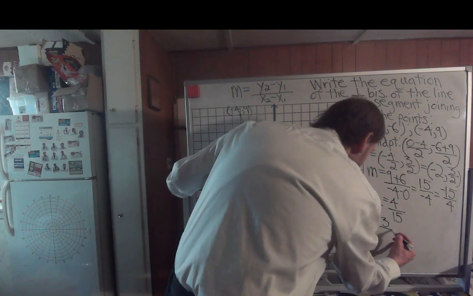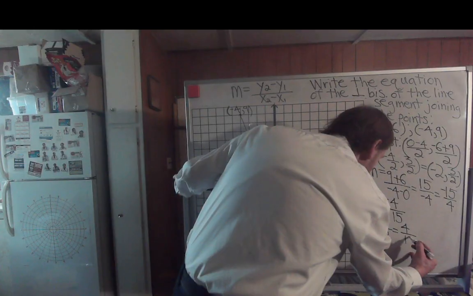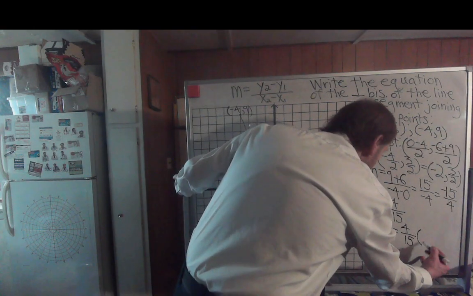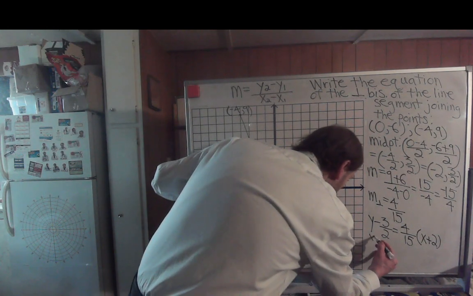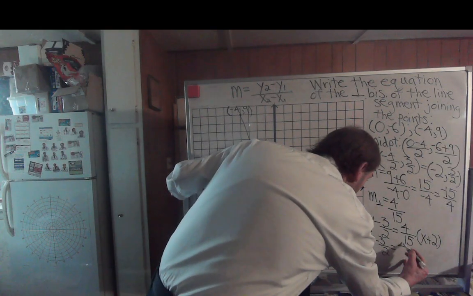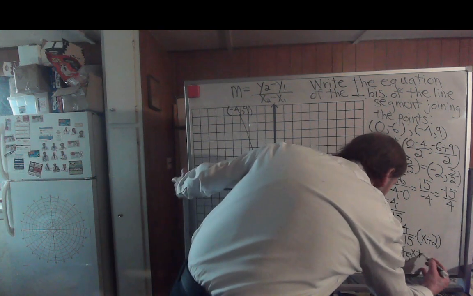So y minus 3/2 would equal that 4/15, that slope, times your x minus -2, that'd be +2. So this means y minus 3/2 equals 4/15 x plus 8/15.